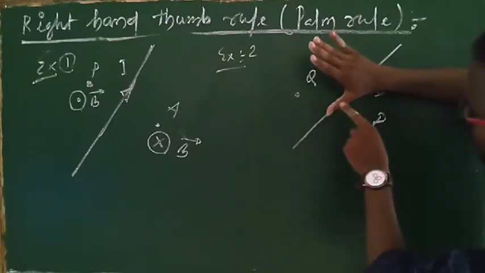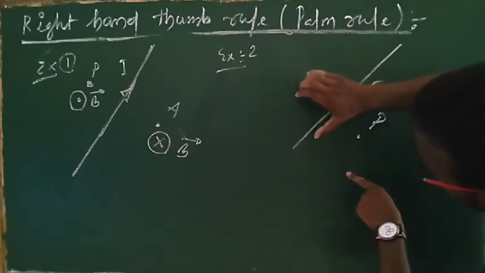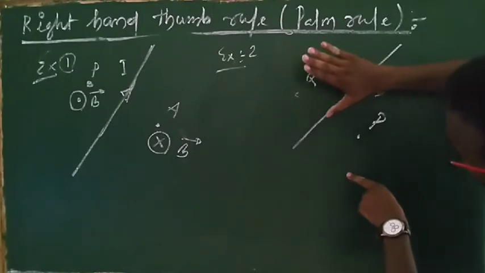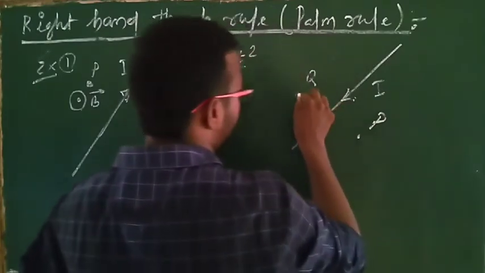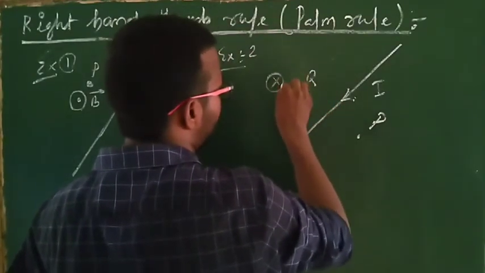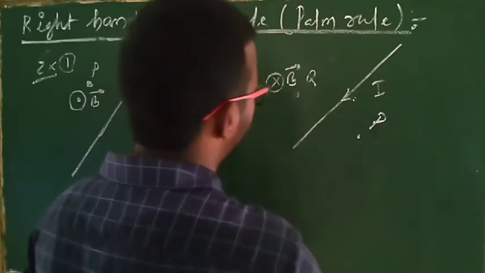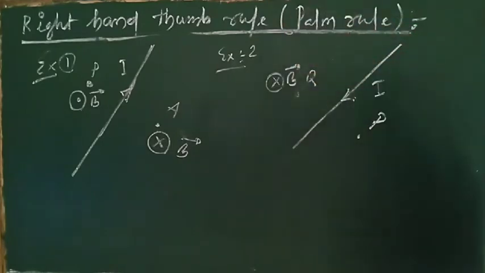The thumb indicates the direction of flow of current, and the curled fingers indicate the direction of magnetic field. Clear? So here the direction of magnetic field is inward, and it can be represented by this cross, that is B vector. So at point Q the magnetic field is perpendicular to this board.